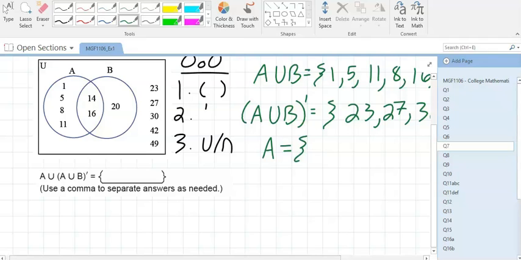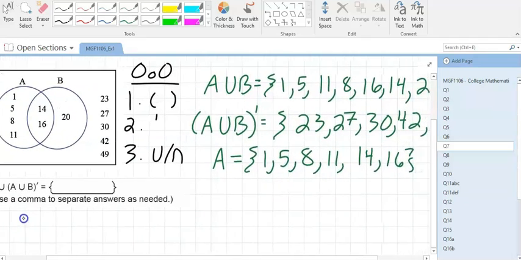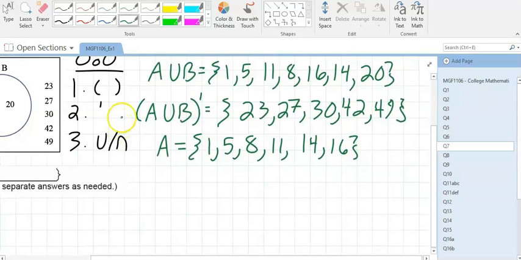What else? 14. 16. So what we want now is the union between those two sets, between this one right here and that one right there.